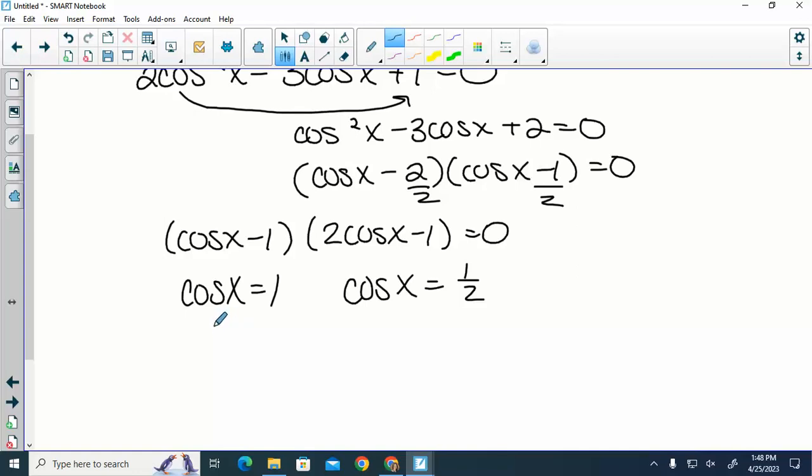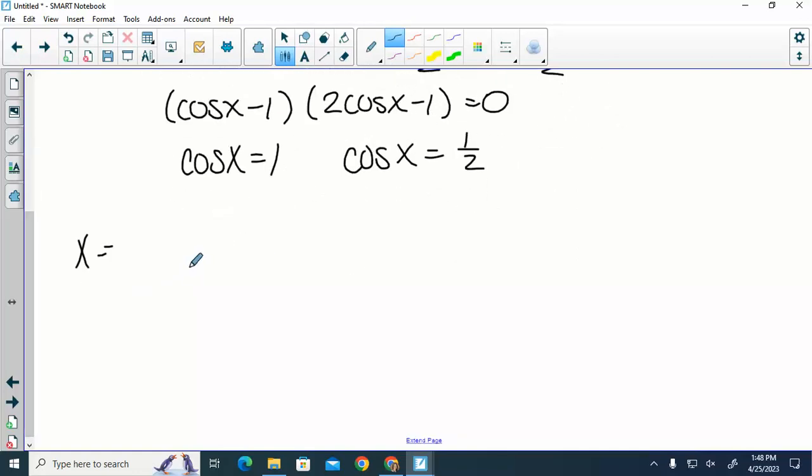So when is cosine 1? Cosine is the x. When on your unit circle is x 1? 0. We are in radians now. Okay, cosine is 1/2. In which quadrants is cosine positive? 4. Reference angle, when is cosine 1/2? 60, which is pi over 3.